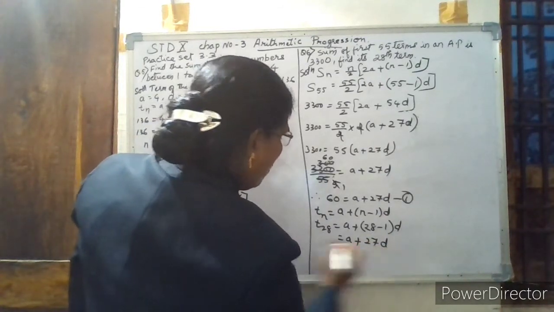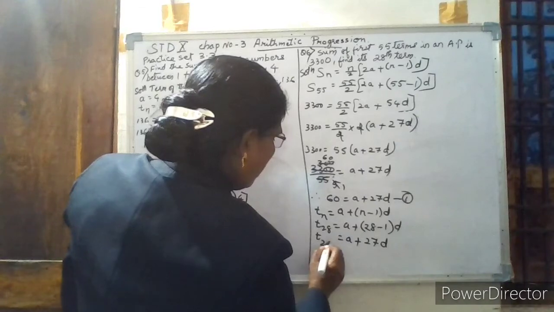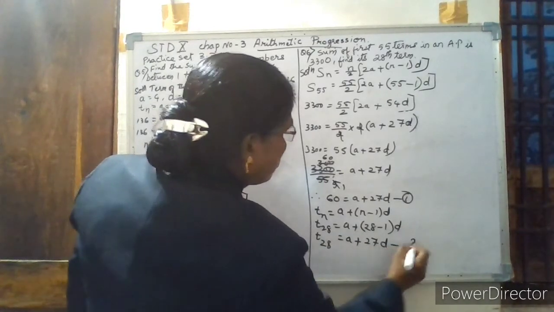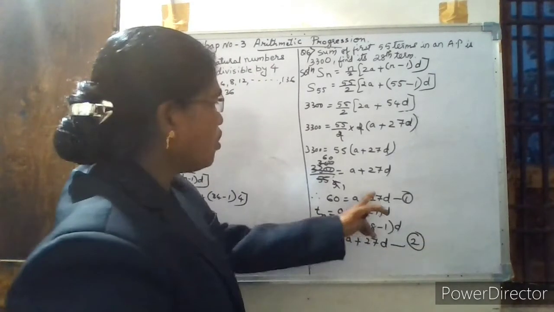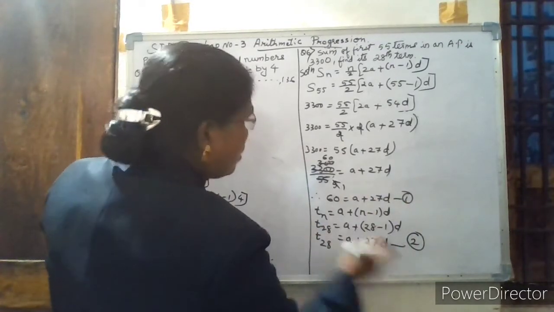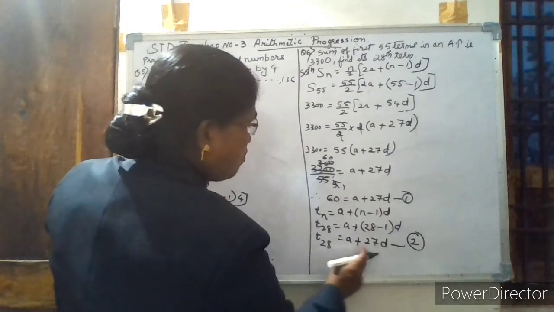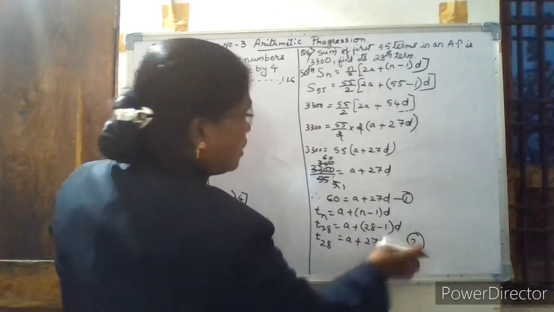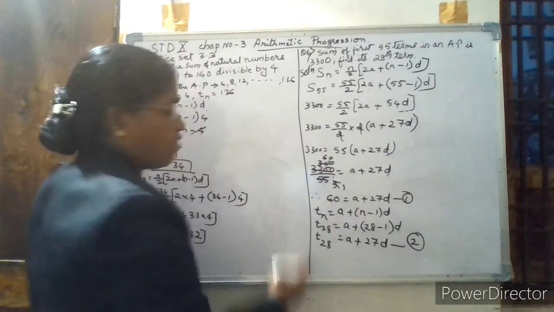So the 28th term is equal to this, equation 2. So from equations 1 and 2, see here, both the right hand sides are the same, a plus 27d, a plus 27d. When both the right hand sides are equal, that means both the left hand sides must be equal.